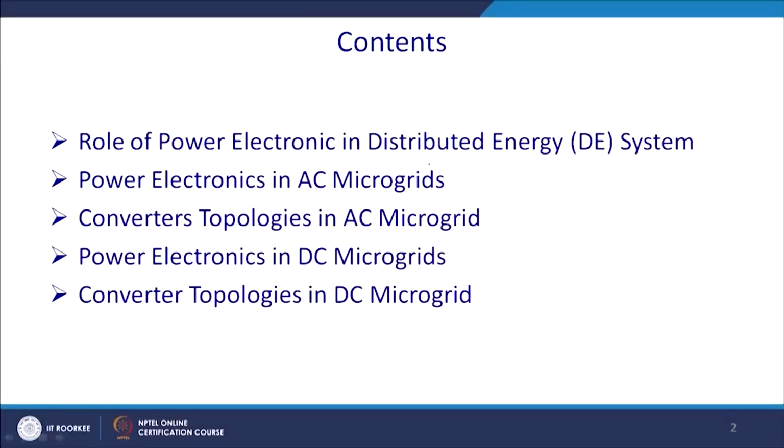Today we are going to discuss the application of power electronics in the microgrid. This will be our presentation layout: the role of power electronics in distributed energy, consisting of distributed energy sources and the storage element, that will be the distributed energy system. Then power electronics in AC microgrids, converter topologies in AC microgrid, and power electronics.